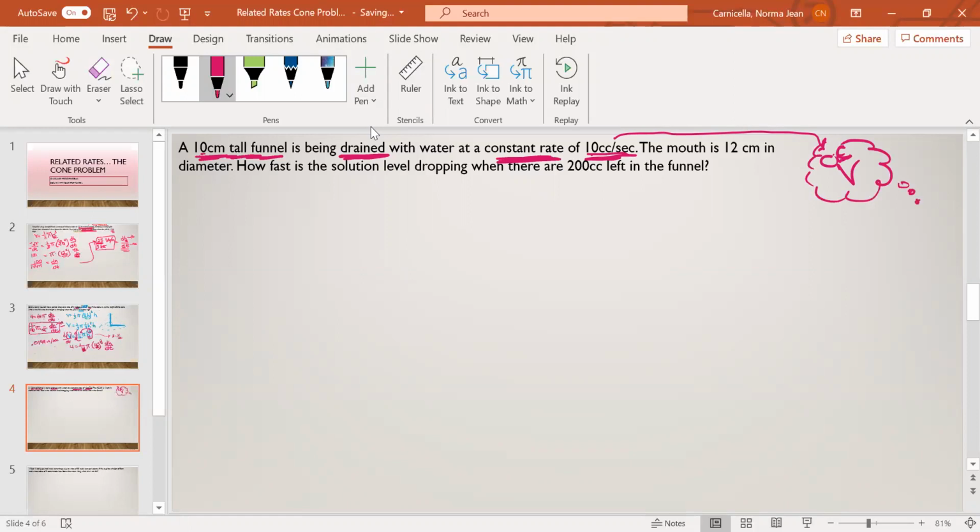This is what should be going on in my mind. All right, so the mouth is 12 centimeters in diameter. That's something else I know. That's one of my knowns. How fast is the solution level dropping? So we need to know the level, how much it's dropping when there's 200 cc's left. So I know that I'm dealing with a dV/dt.